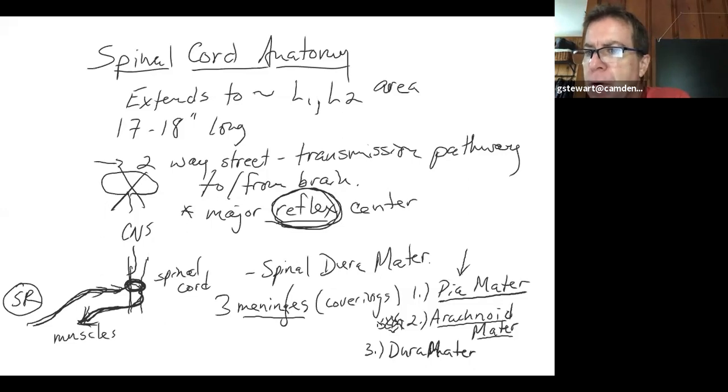And finally, the dura mater is coarse connective tissue. It really protects the brain and the spinal cord. And this is the stuff around the brain area that's attached to the inside of the cranial plates, the skull. So that gives you an idea of what those 3 layers of meninges are over the top of central nervous system tissue.